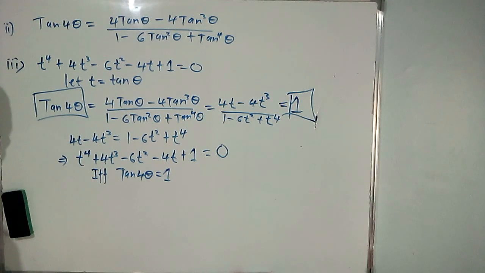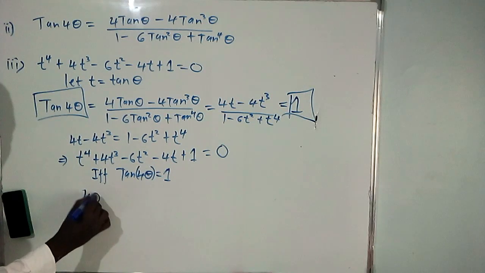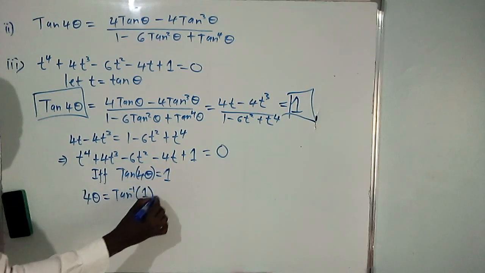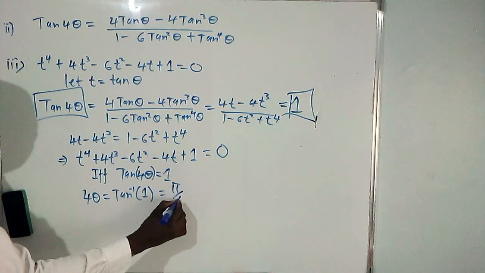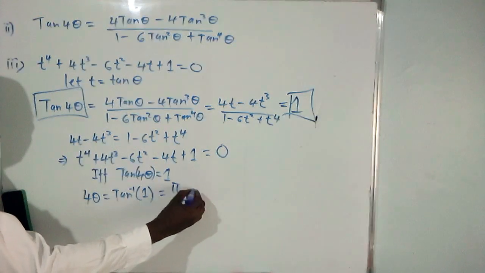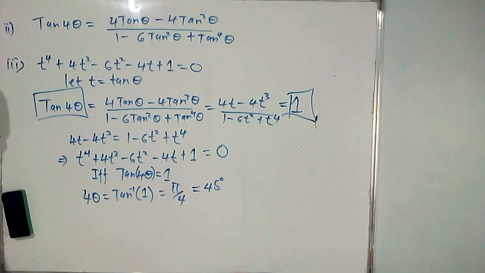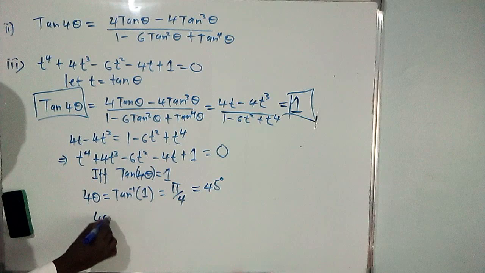So what is theta? So here we have 4θ is the tan inverse of 1. So remember, tan inverse of 1 is pi over 4, which is 45 degrees, isn't it? So we have 4θ is equals to pi over 4. So what is theta?